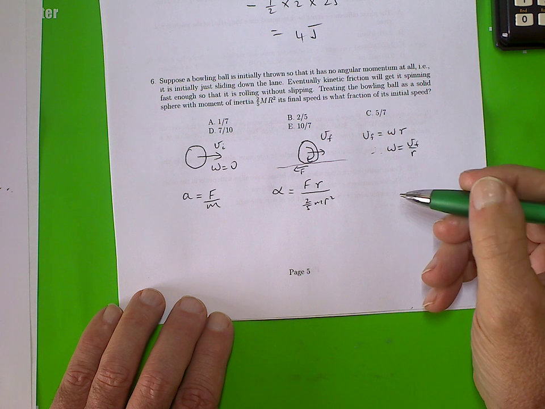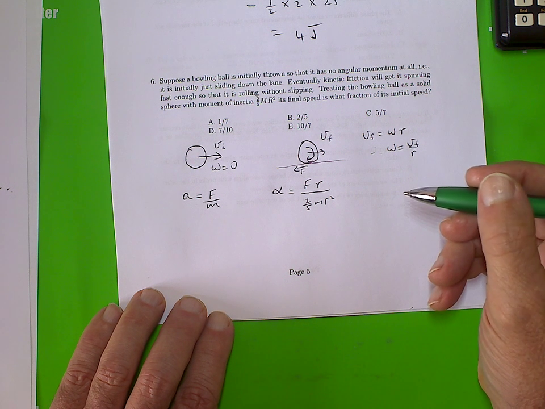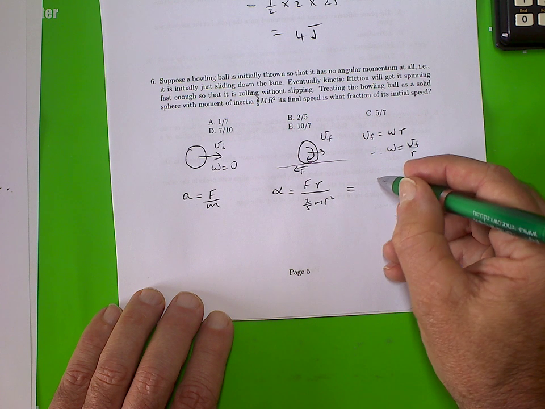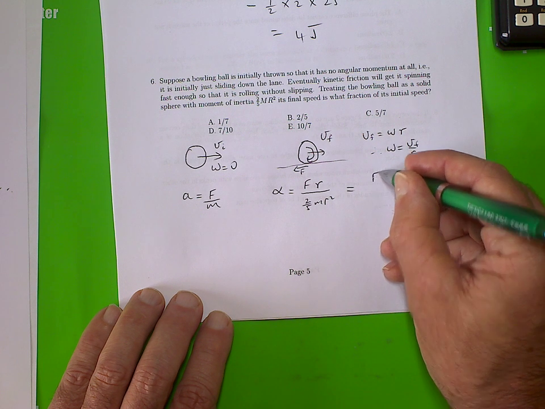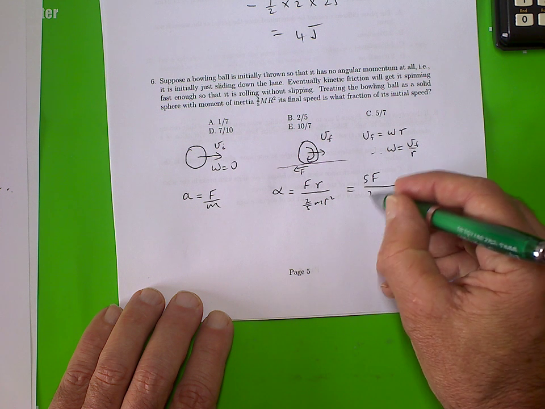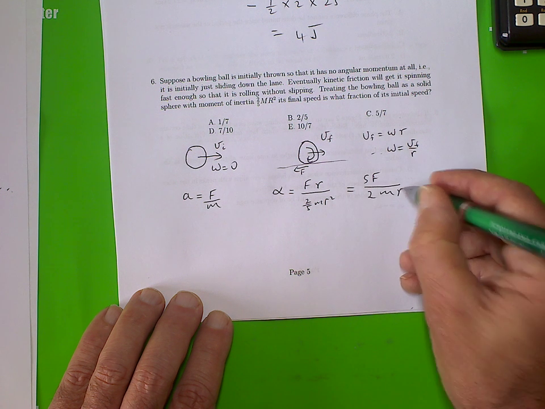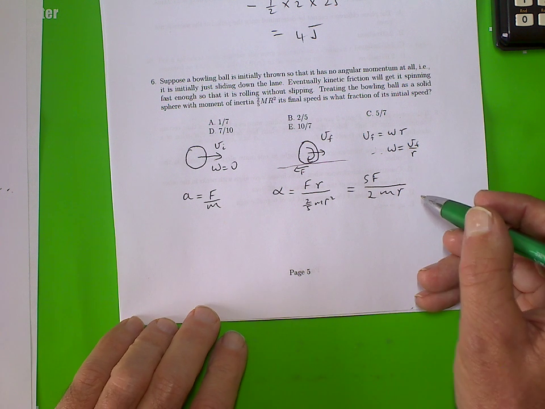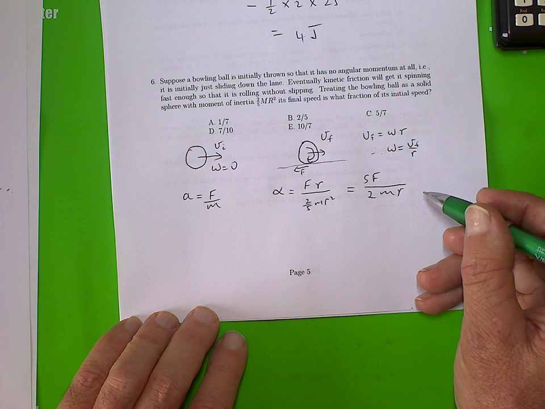This is where I realise again how hard a problem it is if you do it this way. But let's just plough ahead here. So this is 5F over 2mr. That's the angular acceleration. Now, we can do the following.